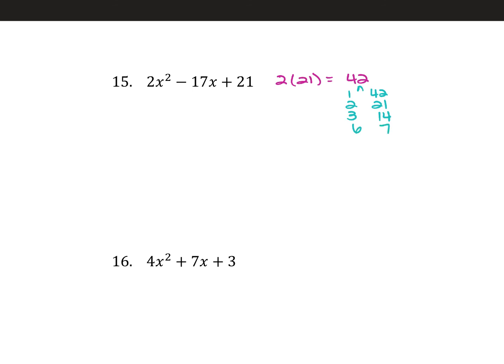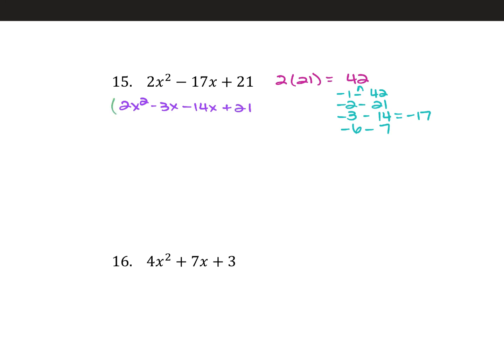That 17 is negative, which means both of your factors are going to be negative. The negative 3 minus 14 gives you the negative 17 that you're looking for. So this gets rewritten as 2x squared minus 3x minus 14x plus 21.